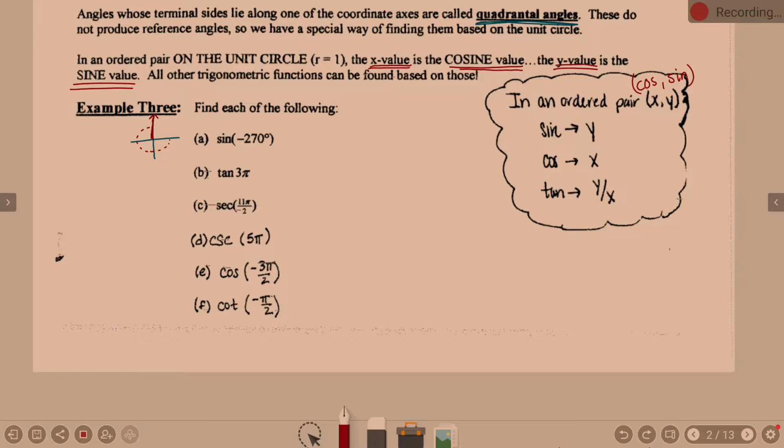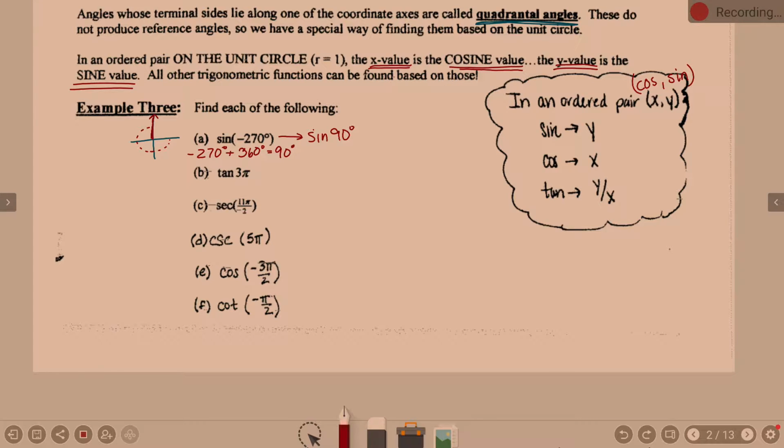Now, the other option, if you prefer, is to add 360 to officially change it. If you're one of those who says, nope, I'm not working with negatives, just add that 360 every time. Negative 270 plus 360 is, hey, guess what? 90. So in order to do this, yes, we're thinking, what is the sine of 90 degrees?